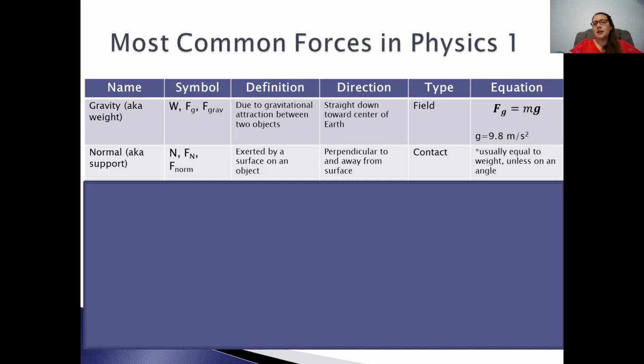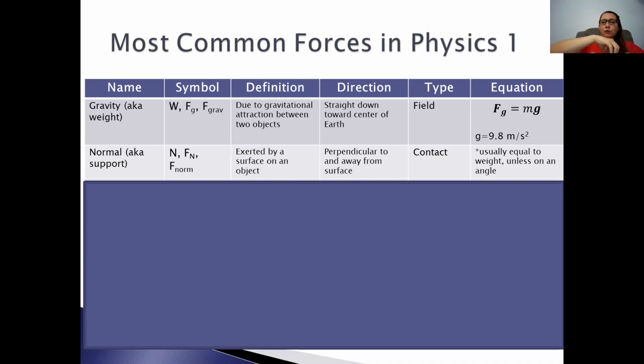So this is a contact force because in order for something to be supporting an object, it has to be touching it. And usually the normal force is equal to the weight. Again, because like we talked about this with the soccer ball sitting on the ground, if the normal force were more than the weight, then it would launch the soccer ball into the air.